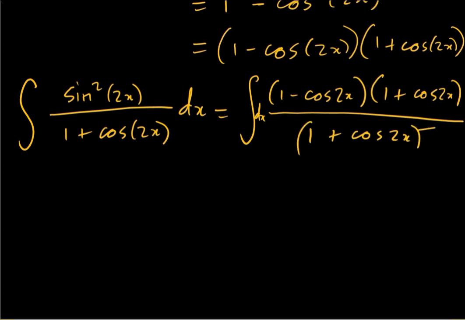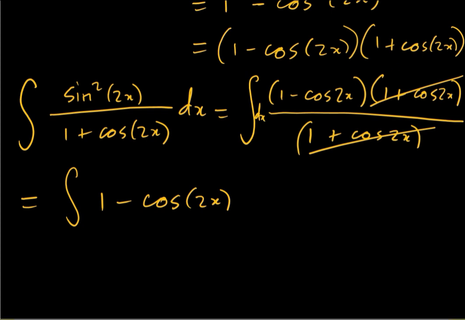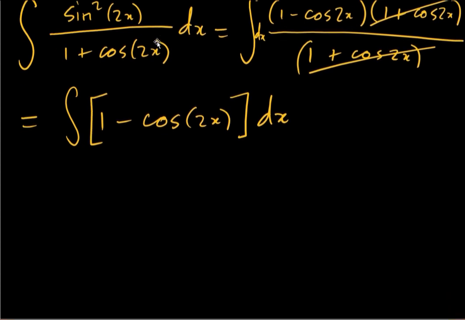And these guys over here cancel. And then you're just left with the integral of 1 minus cosine of 2x, in brackets, dx. And this is a much simpler problem to solve.